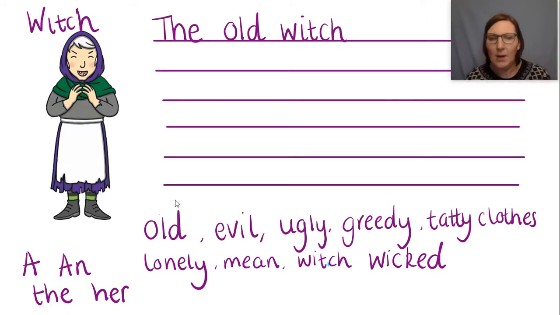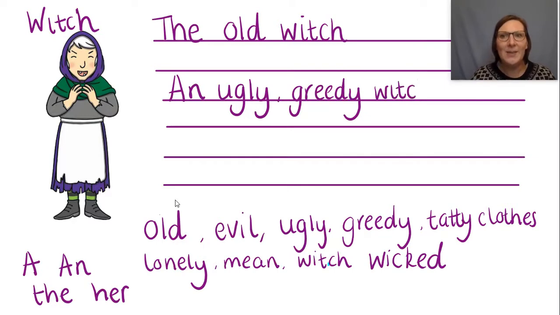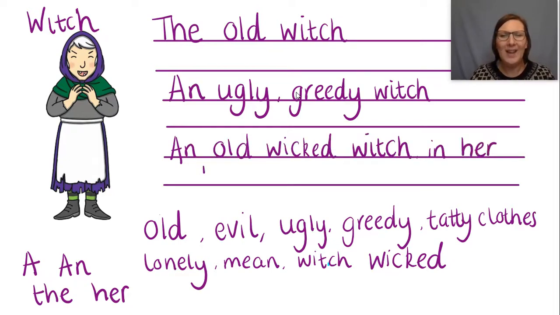So this one I'm going to write an ugly, don't forget my comma, greedy witch. An ugly, greedy witch. Now remember, we need to put a comma in between two adjectives to separate them, okay? Really important to remember. An ugly, greedy witch. I'm going to think of one more now. This is what I think I'm going to write. An old, wicked witch in her tatty clothes.